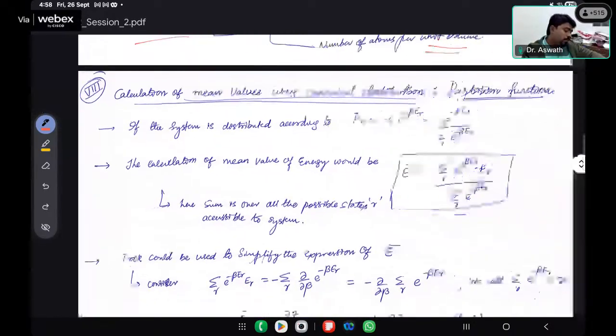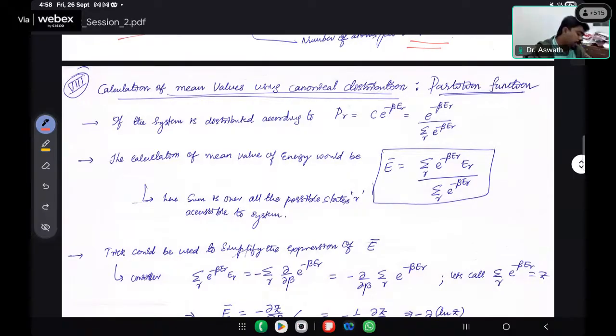Now let's go a little bit further. The calculation of mean values using the canonical distribution is described by the name partition function. What is this partition function? I'm dividing various possibilities into partitions and then expressing that in terms of a mathematical function. That is why it is called a partition function.